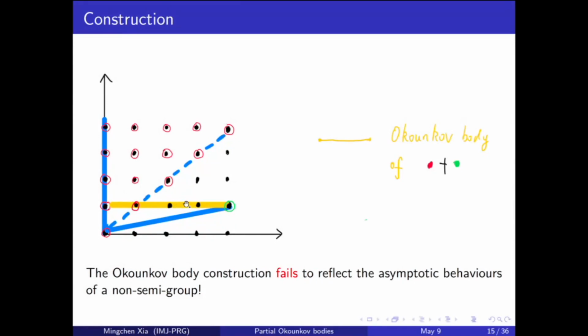So if we construct the convex body using the naive way, we end up with the yellow line, which fails to characterize anything useful about the asymptotic behavior of the semigroup or of the red points plus the green point. So we really need to find a way to get around this kind of difficulty.